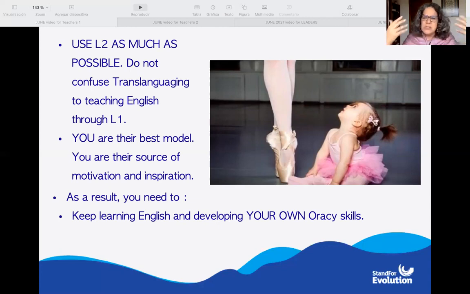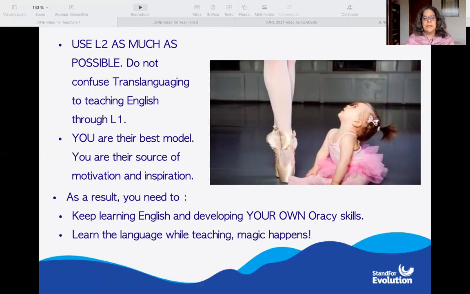So you keep on studying, you keep on developing, you keep on using the resources you have at hand. Stanford Evolution Resources have plenty of information for you and possibilities for you to keep on learning. So learn the language while teaching, and magic happens. You learn a lot. So don't put away materials that you believe are quite challenging for you. Bring those materials and you develop with your children.